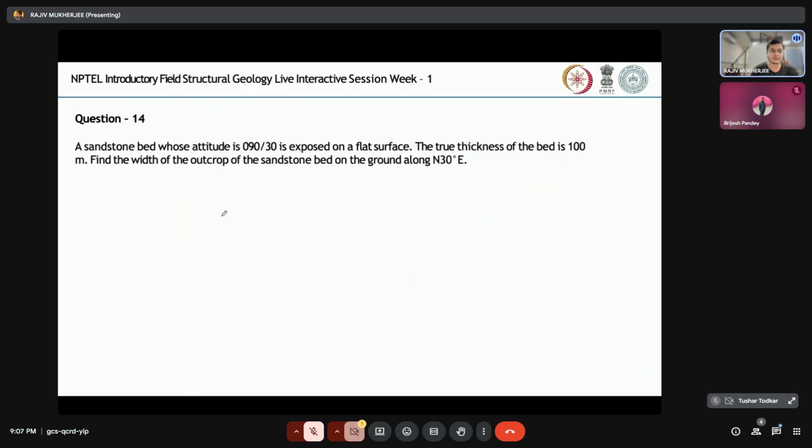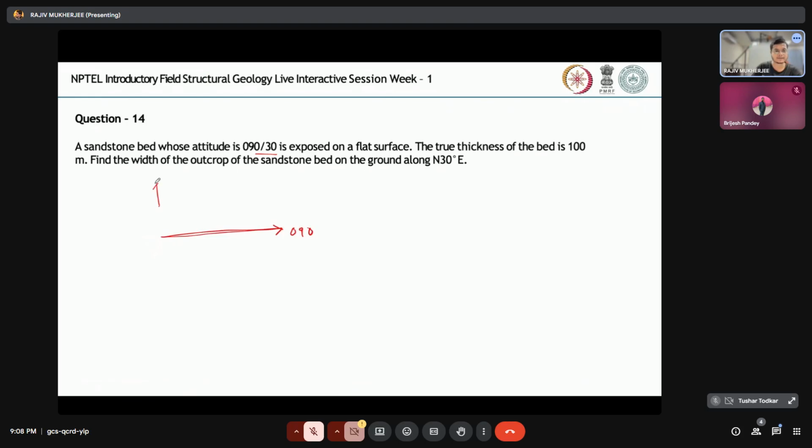So just the last question here, which says that a sandstone bed whose attitude is 090/30 is exposed on a flat surface, right? So 090/30 means the strike is east-west, right? So the strike is east-west.